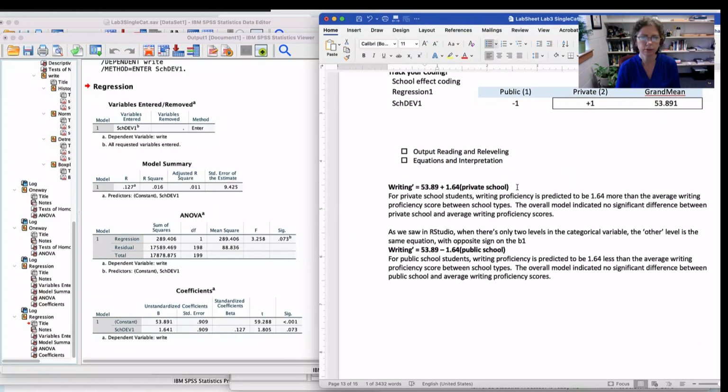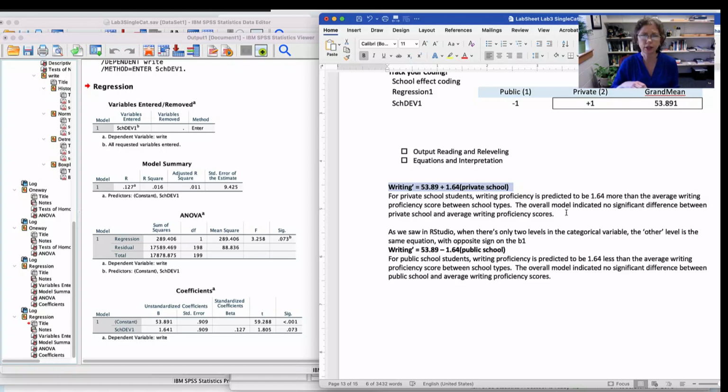So for private school, writing proficiency was predicted to be 1.64 more than average writing proficiency score between school types. The overall model indicated no significant difference between private school and average writing proficiency.